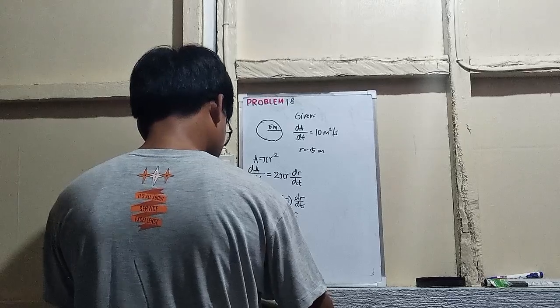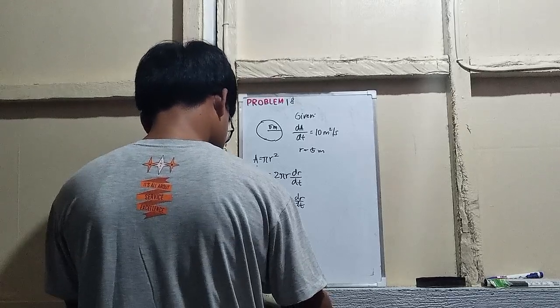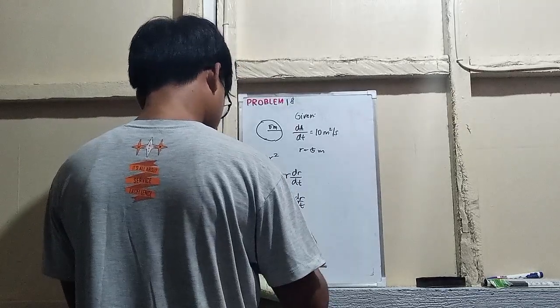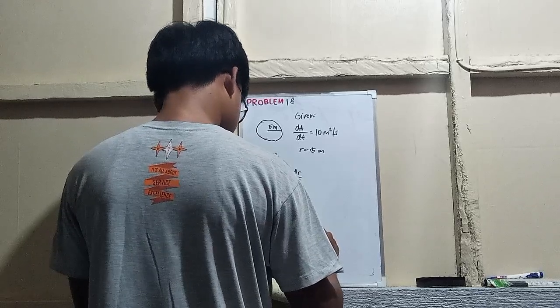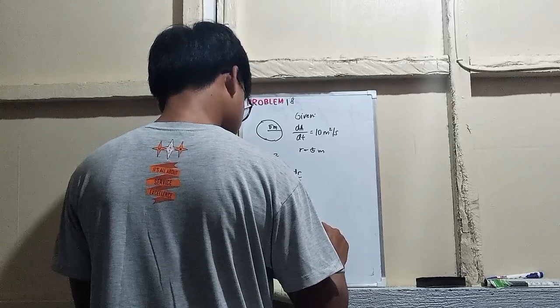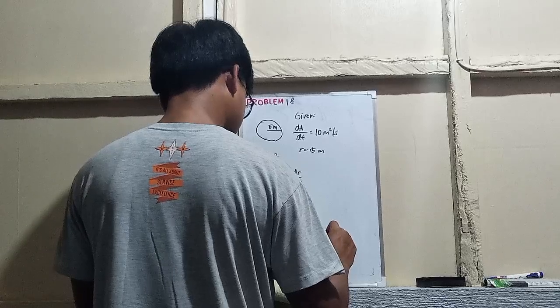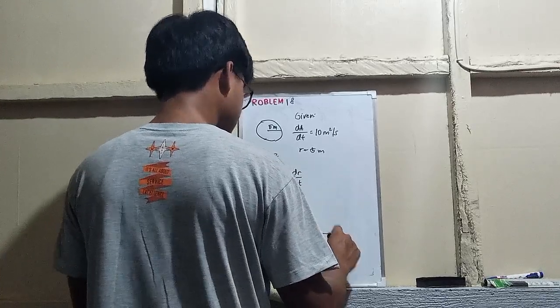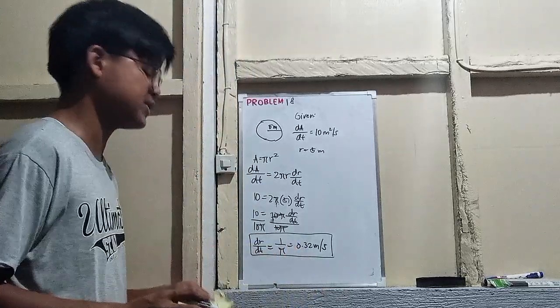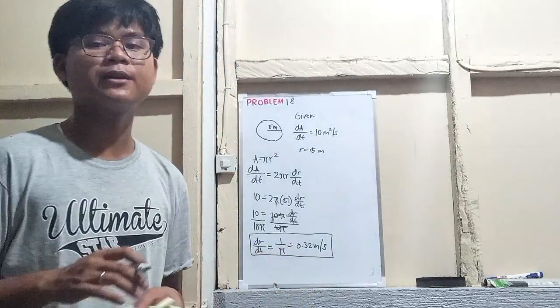Then we will get the value of dr over dt as 1 over pi or 0.32 meter per second. So here is the final answer of the rate of the radius, 0.32 meter per second.